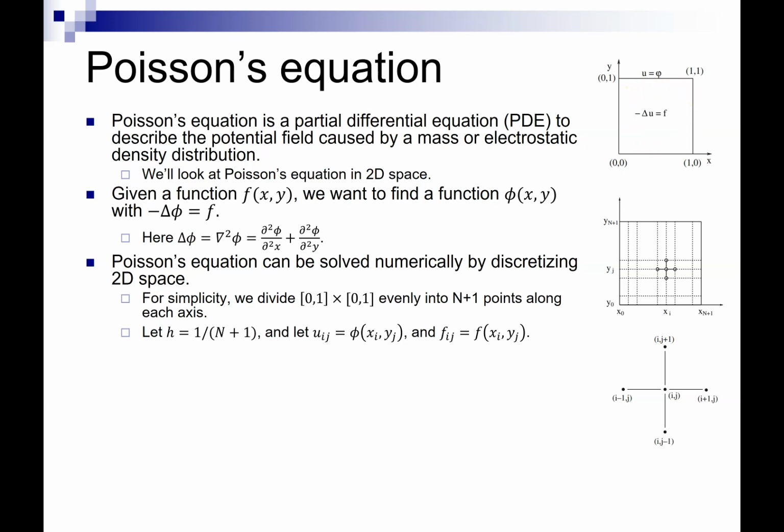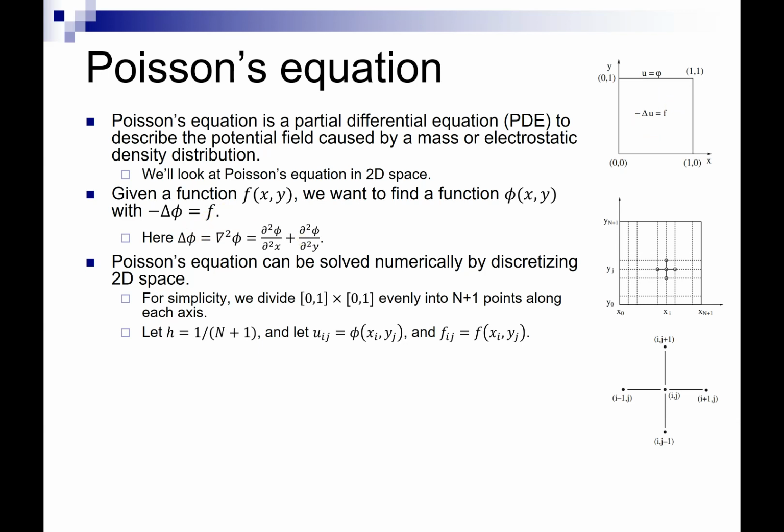Now you want to find phi such that when you apply this Laplace operator, you get f. So f is our input, and we're trying to find phi such that the Laplacian of phi is equal to f.